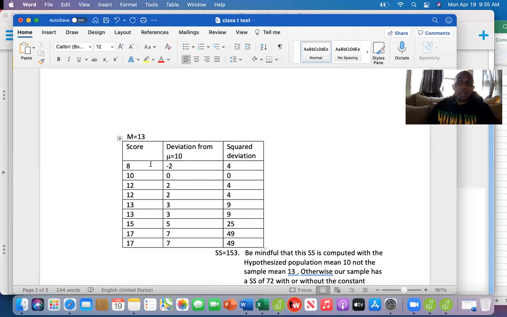Then we're going to take each score, remove the treatment effect, and then subtract that hypothesized population mean. So these are the same scores. Remember, we're not going to apply the constant yet.